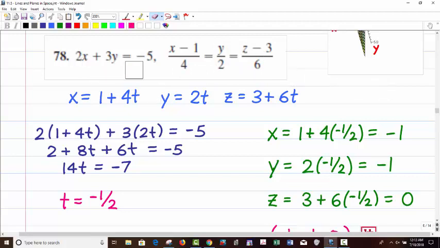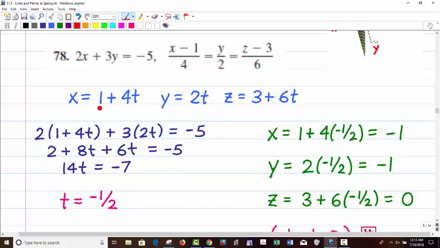Now this equation just doesn't happen to have a z, so we'll ignore it. I'll substitute the x, 1 plus 4t, and the y, 2t, and solve for t. I get negative 1/2, so that's where they intersect.